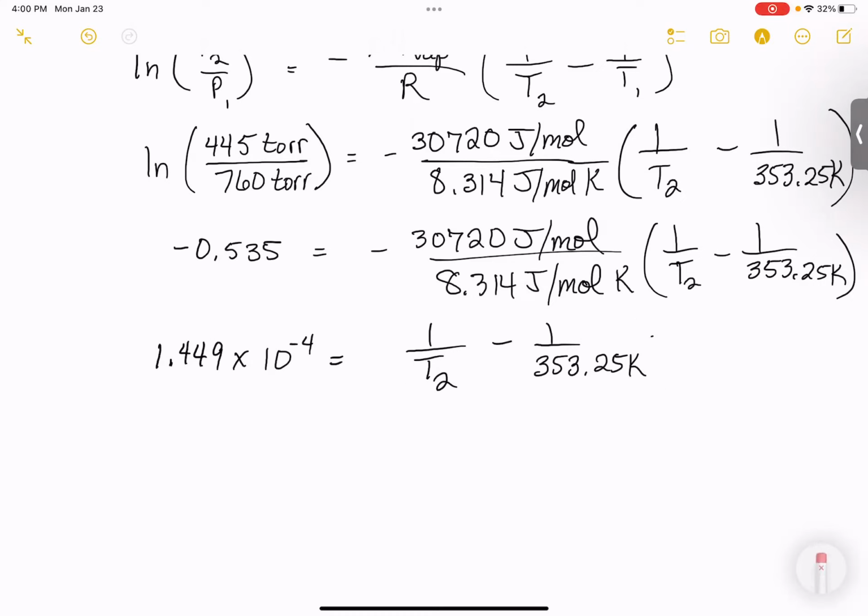I then added 1 over 353.25 Kelvin to both sides, and I got 1 over T2 is equal to 0.002976.